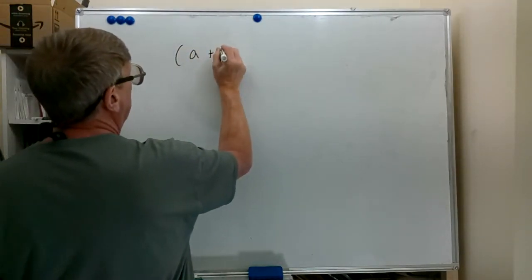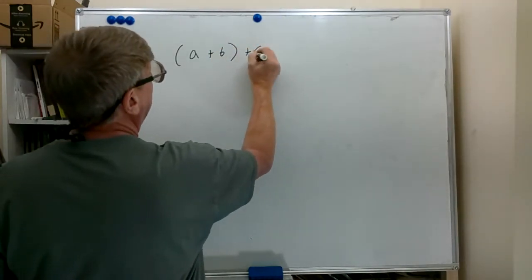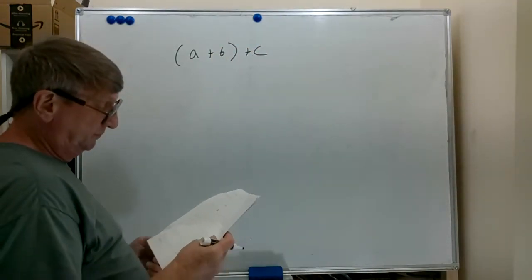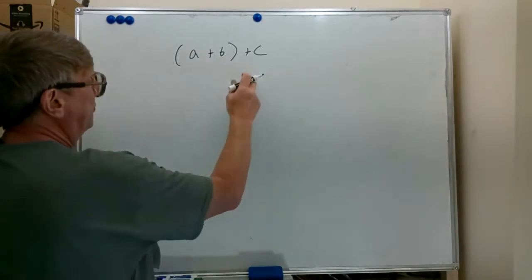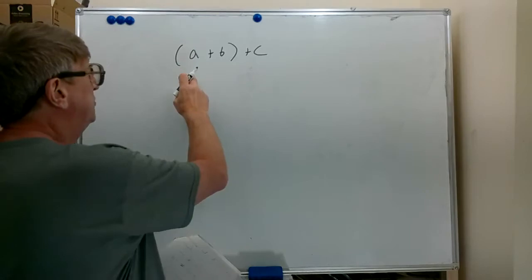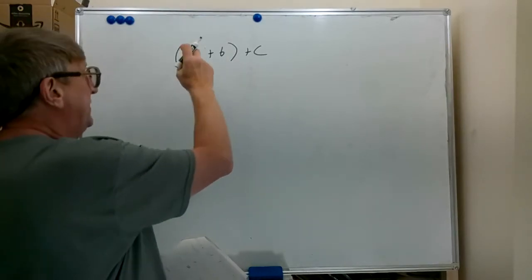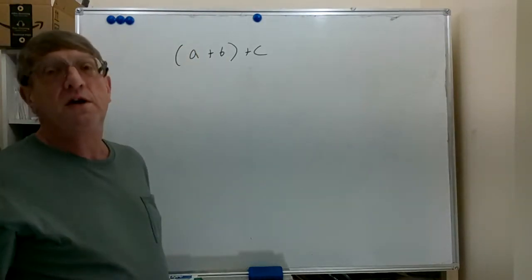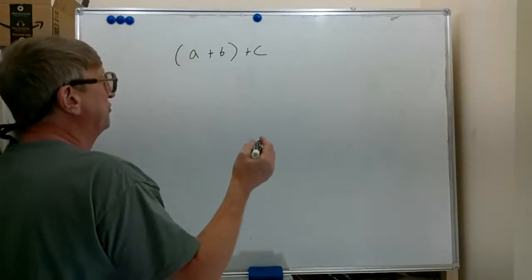A plus B plus C. These are variables. Letters are variables. They could represent any number you wanted to put into them. It could be 2, 4, and 7, 3, 9, and 6, whatever applied to your particular situation.